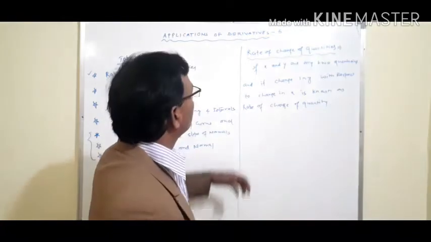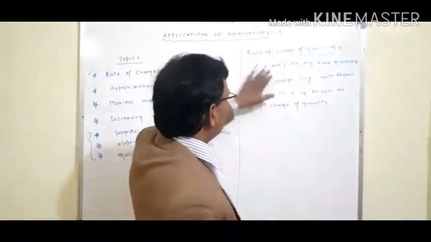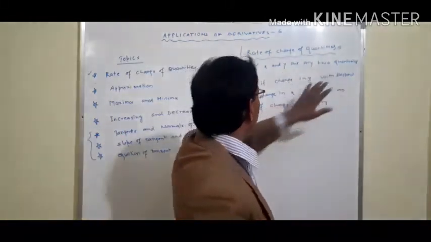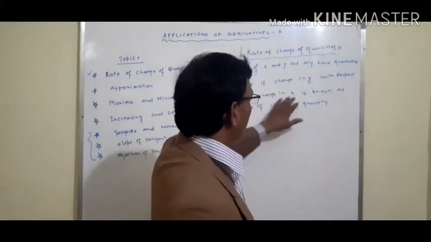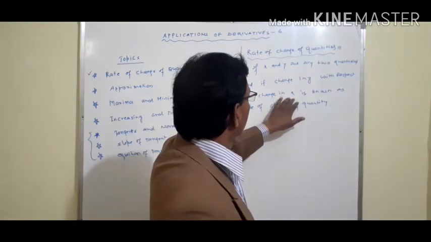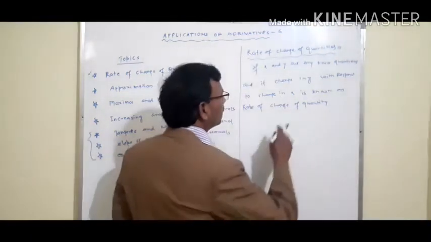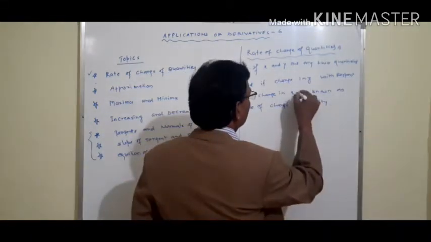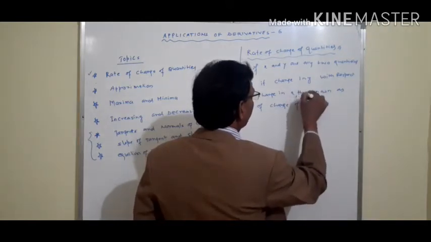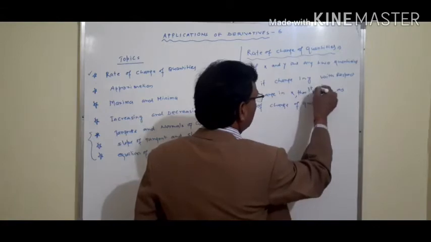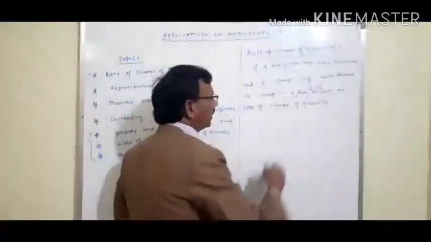Repeat this statement: if x and y are any two quantities, and if there is change in quantity y with respect to change in x, then it is known as rate of change of quantity.